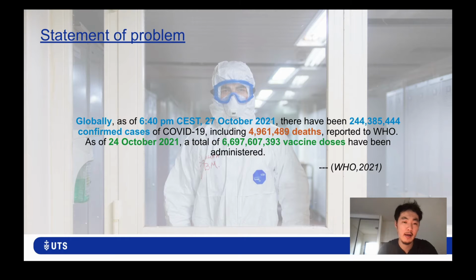Globally, as you see, until the 27th of October, more than 244 million people have been confirmed positive for COVID-19. This is a huge number, and it really affects every one of us and our lives.